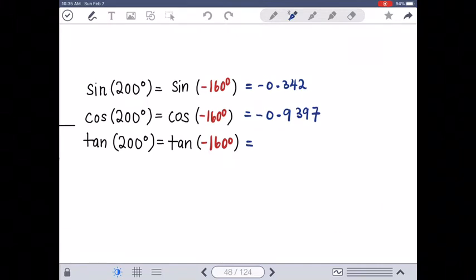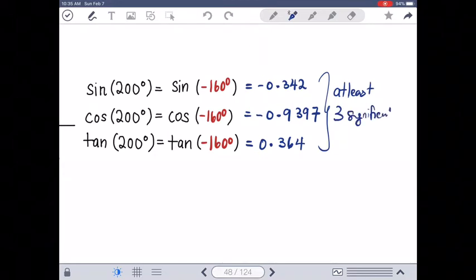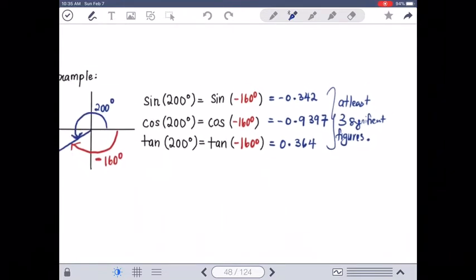And the third one equals to 0.363364. Sorry. So write your answer in at least 3 significant figures.